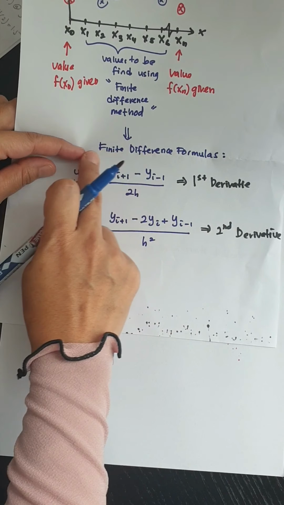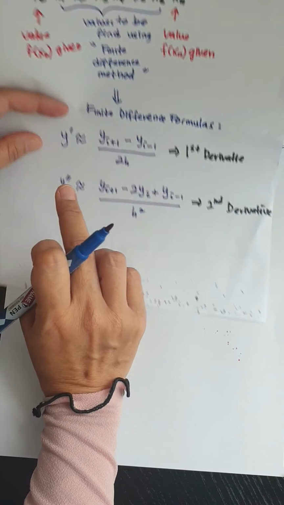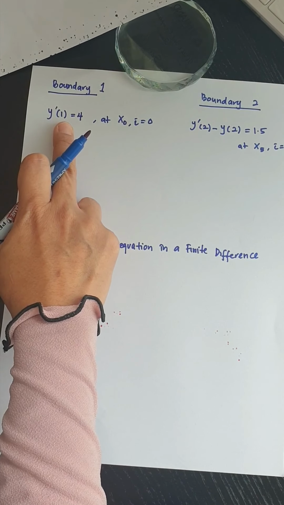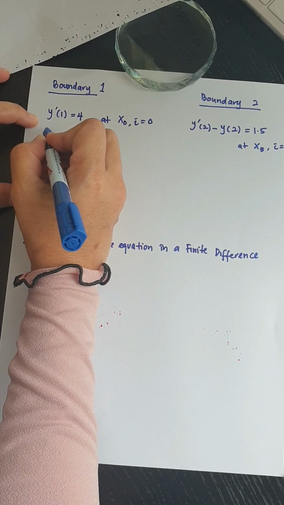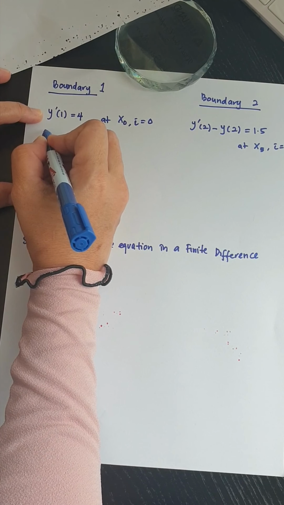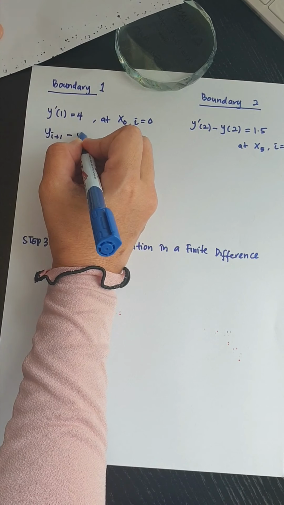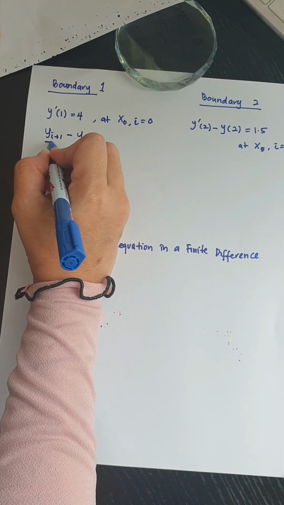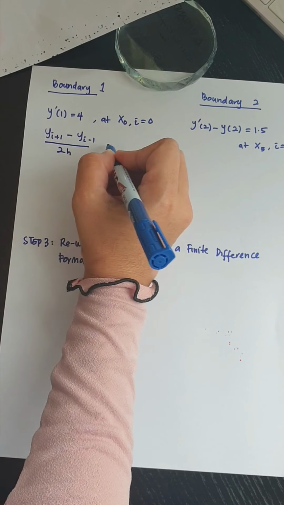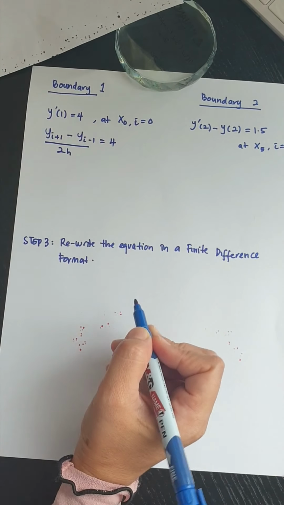So y prime becomes y i plus 1 minus y i minus 1 divided by 2h, equal to 4.